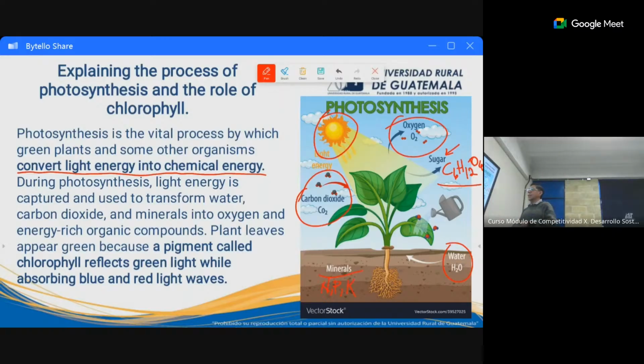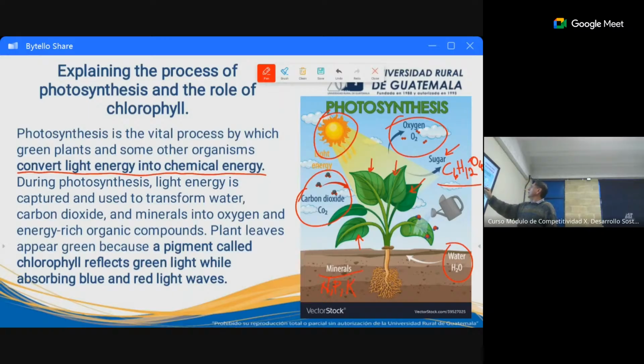And we are describing here the whole process of photosynthesis. Okay, plant leaves here appear green because they contain a pigment called chlorophyll, which reflects the green light while absorbing the blue and red light waves.